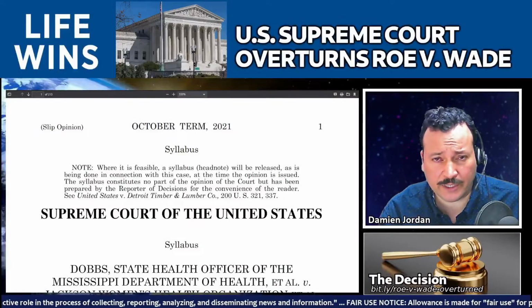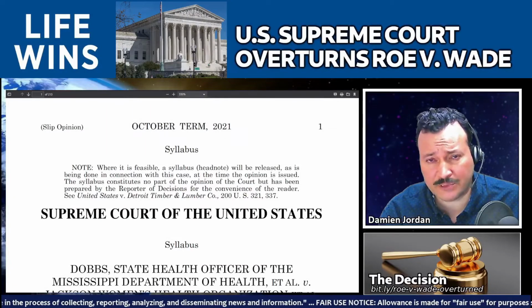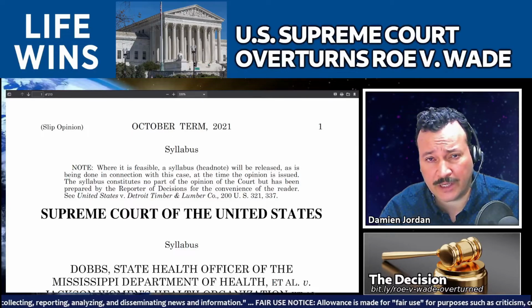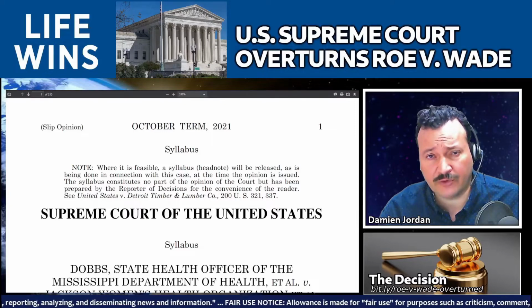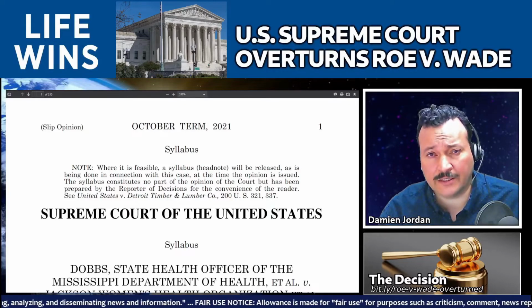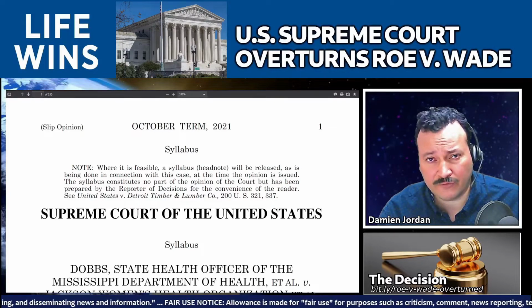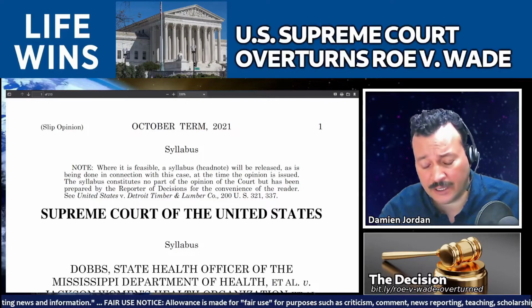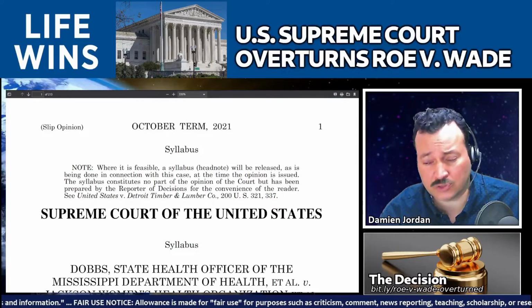What we're looking at right here is the 213-page PDF document released by the Supreme Court, and it's available for you to download at supremecourt.gov/opinions if you do a search and pull it up in your search query.